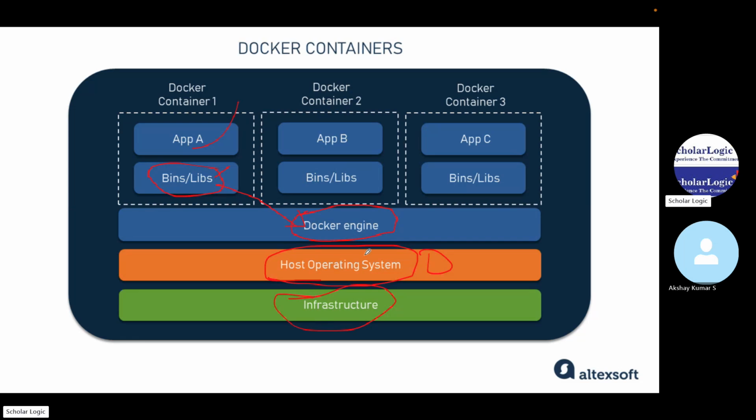On that, you are running the host operating system. On top of it, you are running the Docker engine. Like that, you are Dockerizing your environment, so you can run multiple containers. Here we have just seen only ABC. There are hundreds of containers that will be running on a single virtual machine.